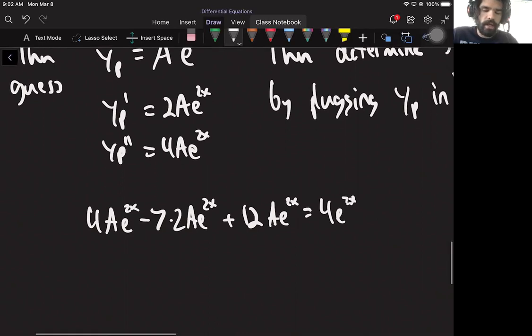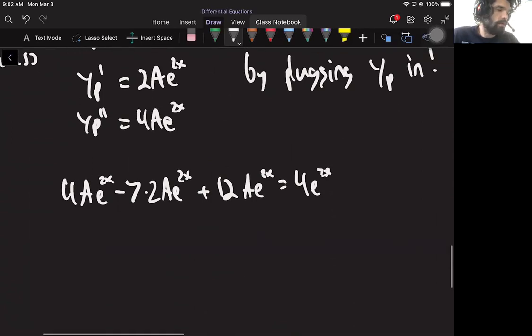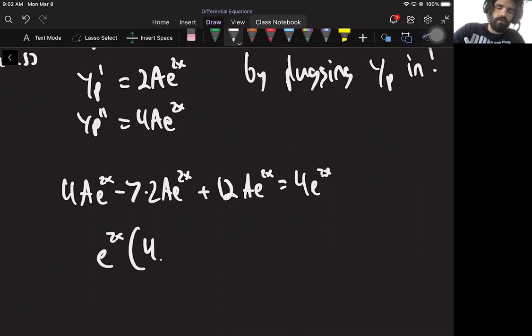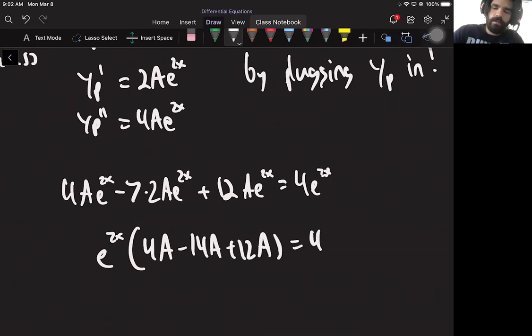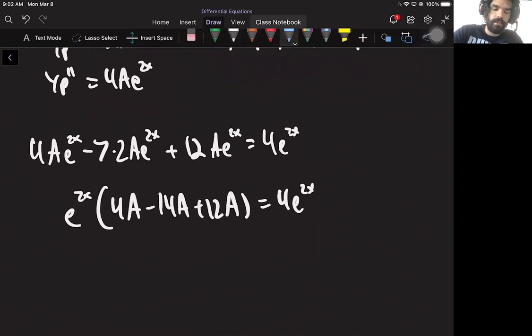So now I can figure out a, sort of similar to what we did last time with the characteristic equation. In this situation, I can factor out an e to the 2x. I get 4a minus 14a plus 12a equals 4 e to the 2x. So in order for this to match, I need this many a's to add up to 4.